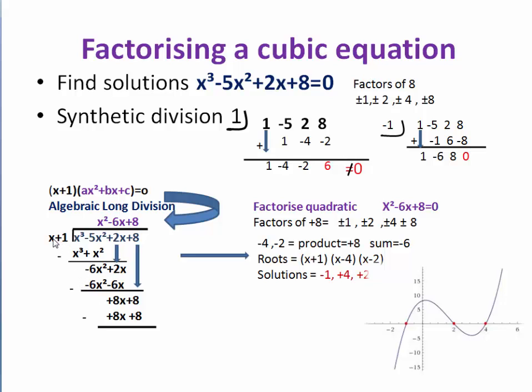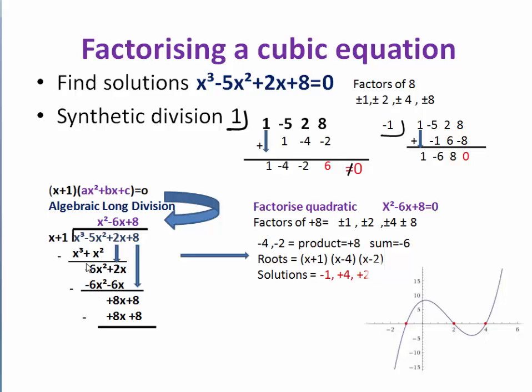Now, how many times does x go into minus 6x squared? It goes minus 6x. So write that here above the x value. Then minus 6x times x is minus 6x squared, minus 6x multiplied by plus 1 is minus 6x.